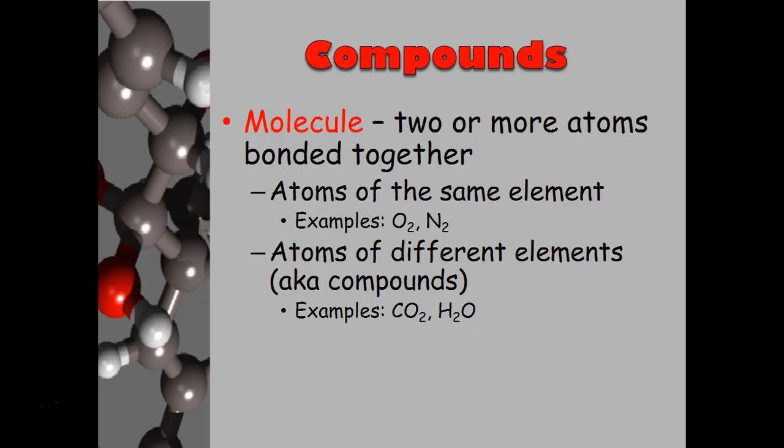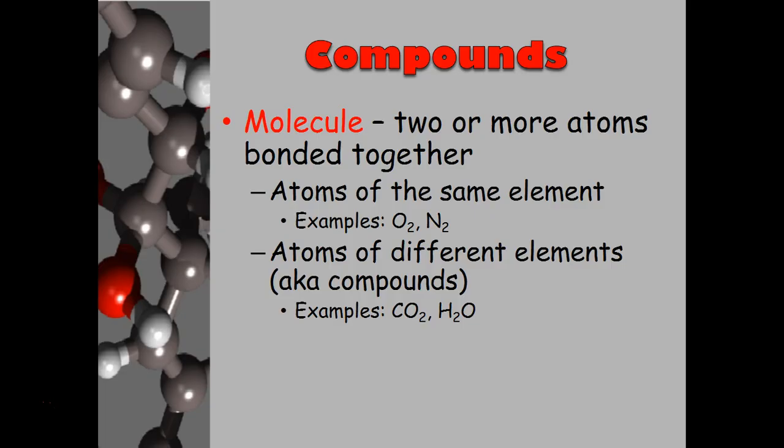So compounds we can also talk about as molecules of compounds, right? So the smallest unit of an element is an atom. The smallest functional particle of a compound is a molecule. Now, that being said, I can use that word molecule to talk about compounds, right? A molecule of CO2, a molecule of water.